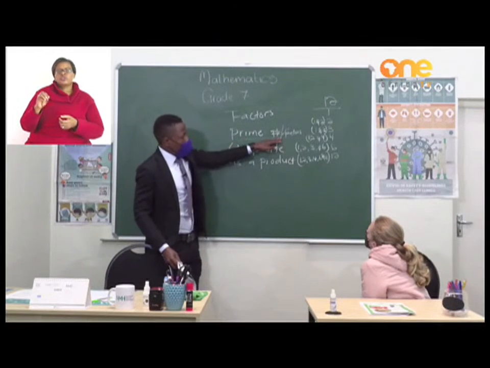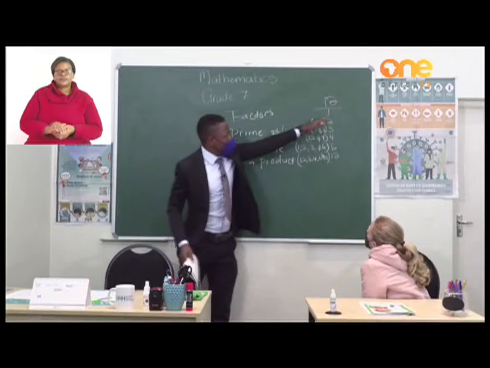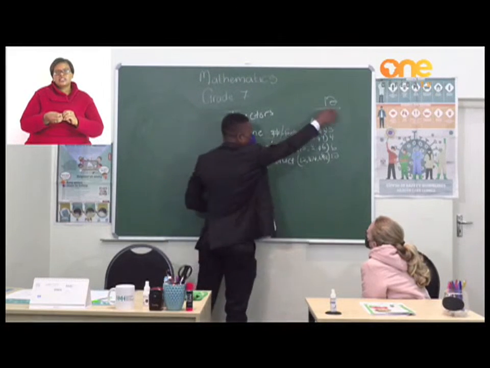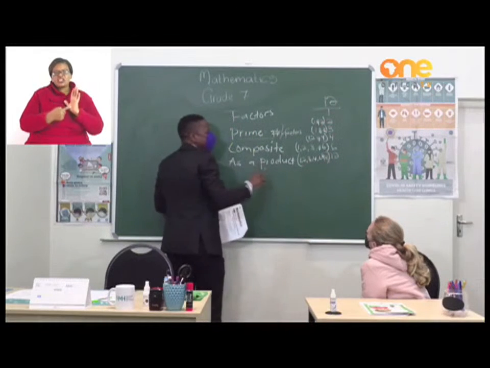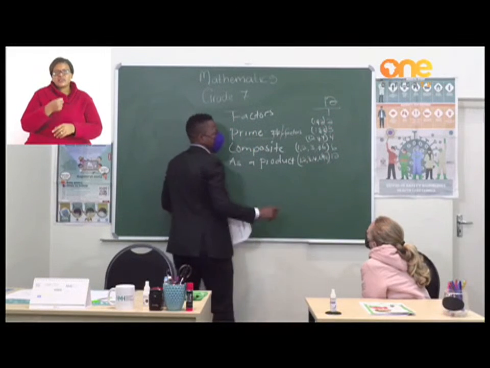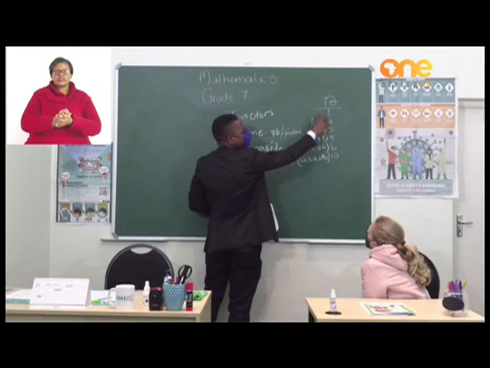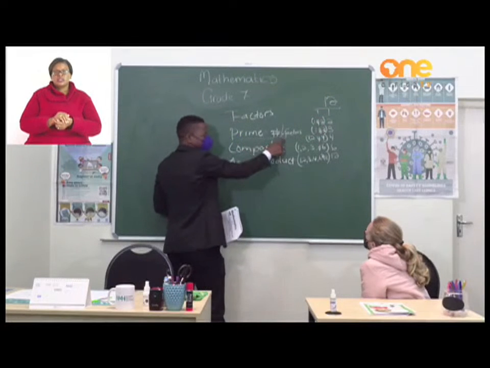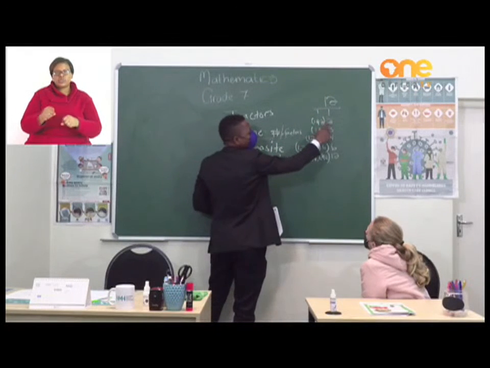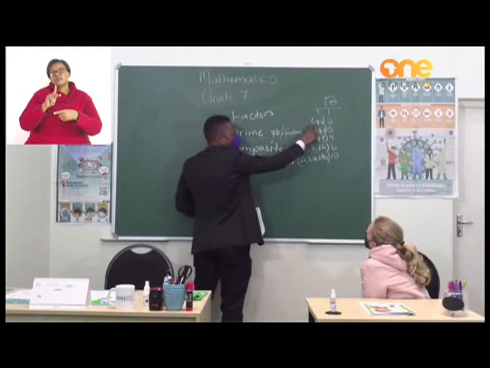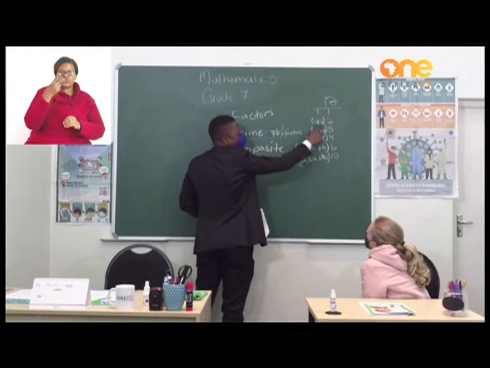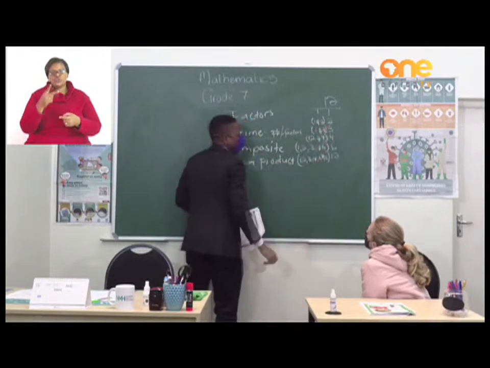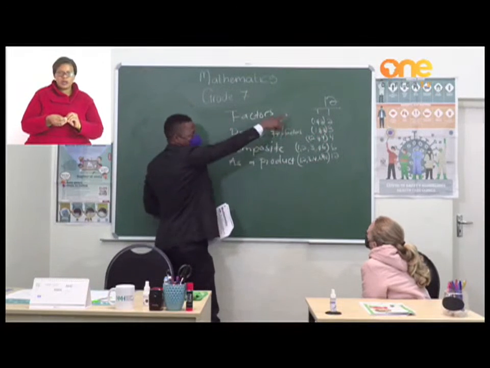A prime number, in this case we say a prime factor, is any factor listed down here which has only two factors. 1 has only one factor, so 1 is not a prime factor. 2 has two factors, 1 and 2. So in this case, 2 is a prime factor of 12.